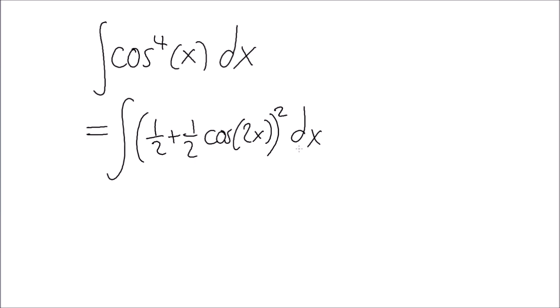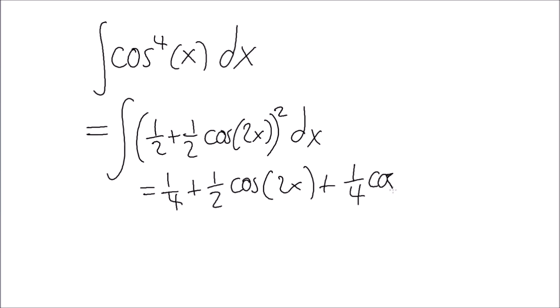So this will give us 1/4, and then this times 2, that's still 1/2 of cosine 2x, and then plus 1/4 cosine squared 2x. A little tedious, so let's go ahead and integrate all this.